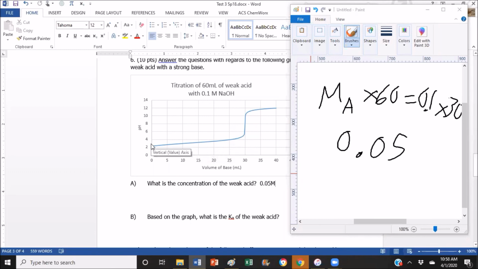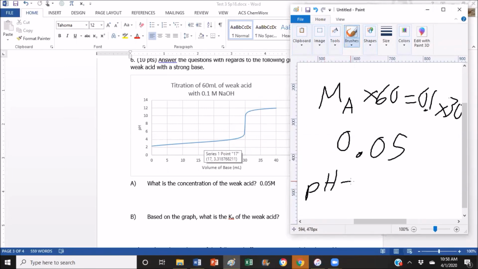Half of that is 3, so it's a little bit above 3. 3.1, 3.2. I conveniently have this labeled 3.2, but 3.1 would be fine. 3.3 would also be fine. pH equals pKa at half equivalence point.